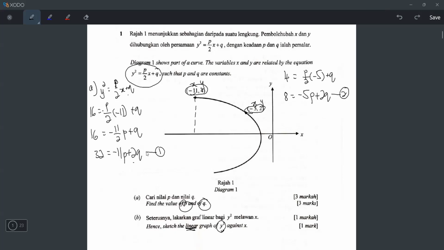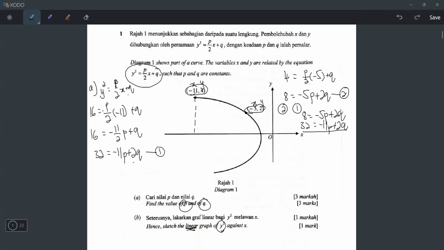And now I can take equation 1 and equation 2 and do simultaneous equations. But if I were you, I would do the elimination method because I saw that this is 2q, this is also 2q. So why not we just take equation 2 and equation 1 and then do elimination. I will minus them. Okay, why minus? First of all, let's write it down. So 8 equals negative 5p plus 2q. Equation 1 is 32 equals negative 11p plus 2q.